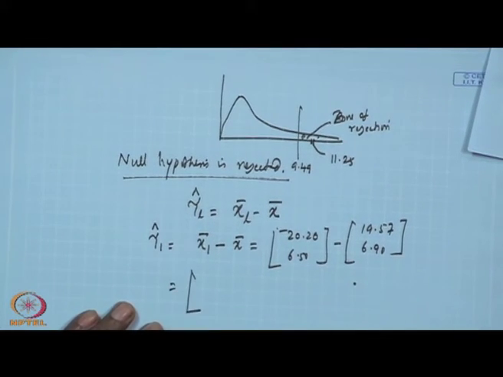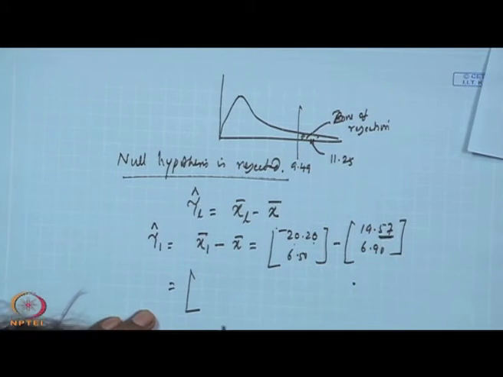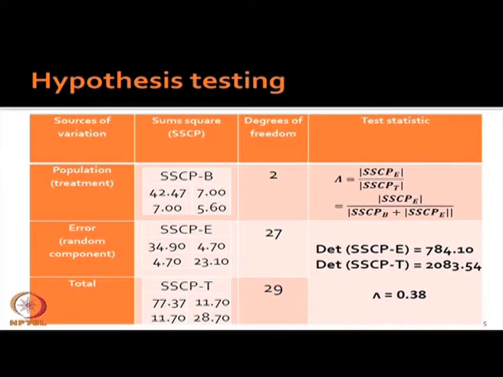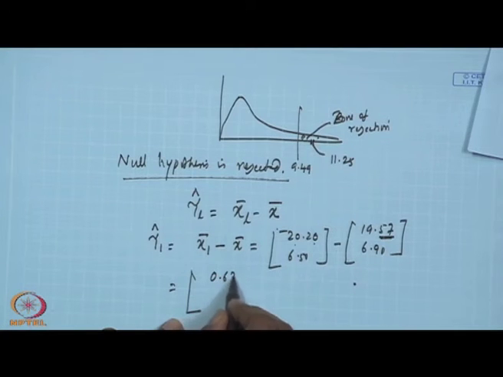What will this value be then? This value, 20.20 minus 19.57, will be 0.63, and 6.50 minus 6.90 is minus 0.40.